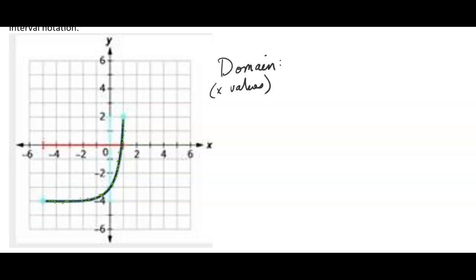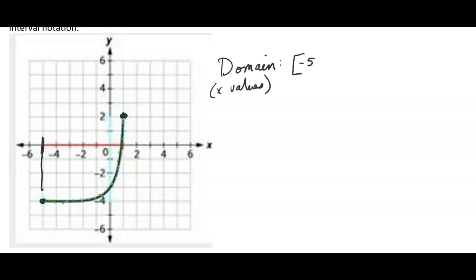And what you're going to do is look at where it is starting. So it looks to me, and this is the part I think is a little hard to read on the graph, but it's a blue dot there. It's closed. I think it's closed. And I think it's a closed blue dot here. And I'll talk about what happens if it's open in a minute. Okay, so for x values, you're starting at -5, and I'm going to include the -5.